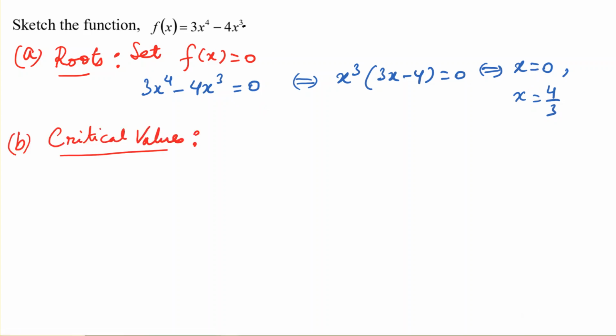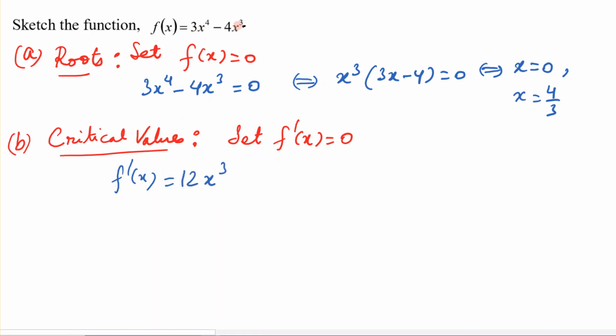Next, we're going to find the critical values of this function. Critical values are the values at which the first derivative is 0 or the first derivative is not defined. So let's take the first derivative. The first derivative of the given function would be 12x^3 - 12x^2.